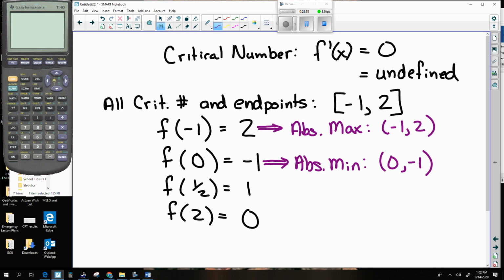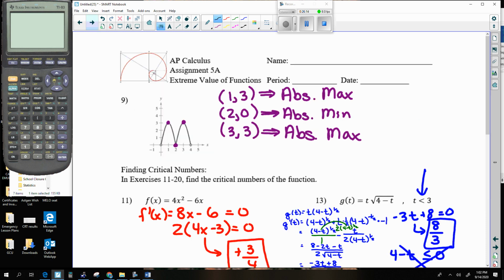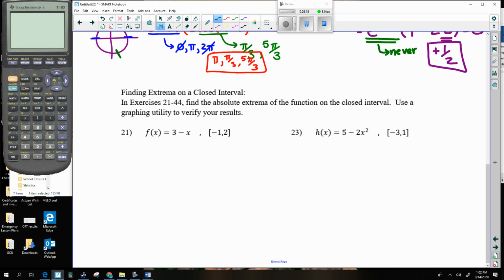Okay, so this is called the candidates test. We get all these different candidates, and then we test all the candidates. That's what we are going to be doing with these problems down here: doing the candidates test and identifying any absolute maxes and mins.